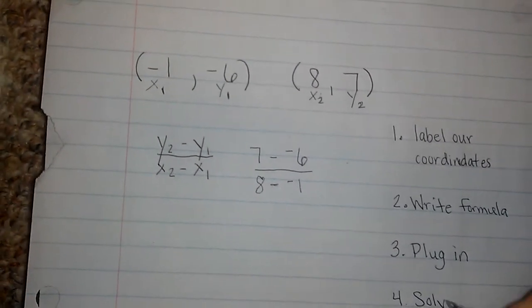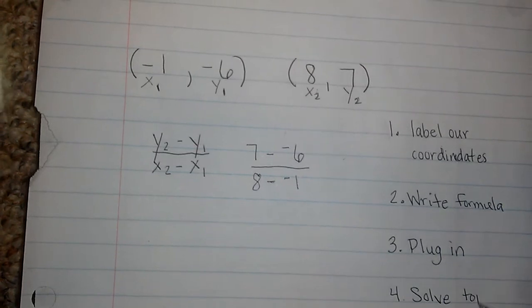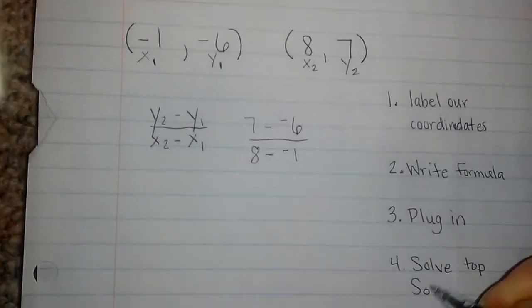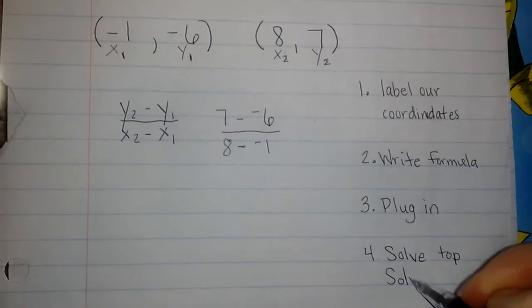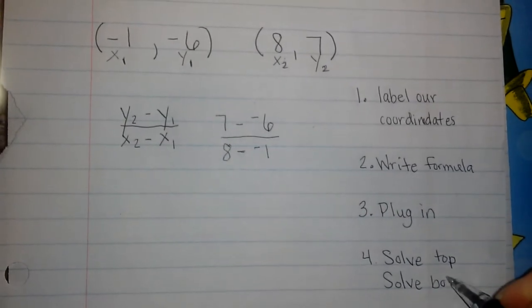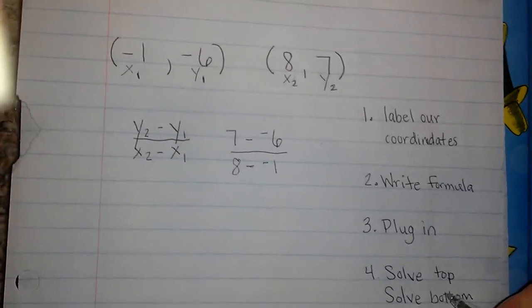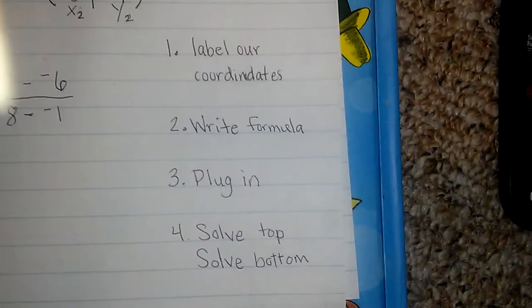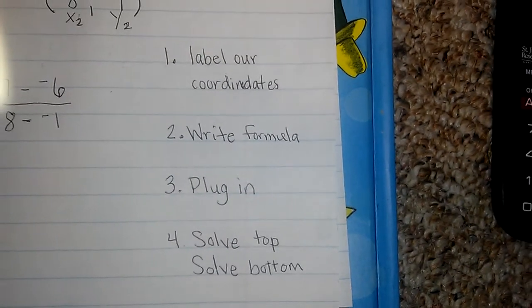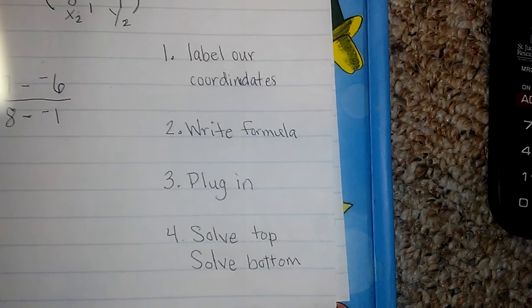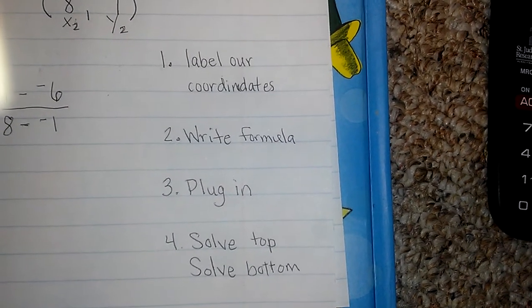We are going to solve the top, and then we are going to solve the bottom. Of course, my paper wants to move again. Sorry about that. So again, those are our 4 steps on how to do the slope formula.